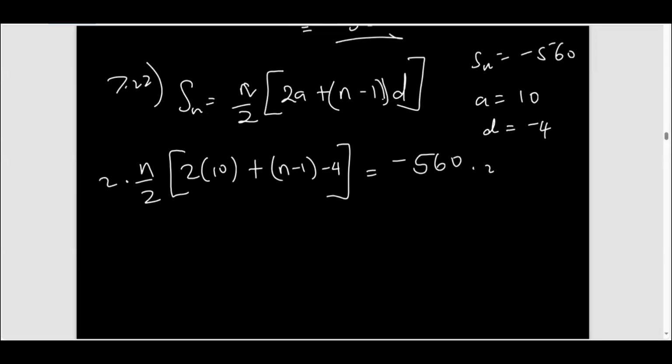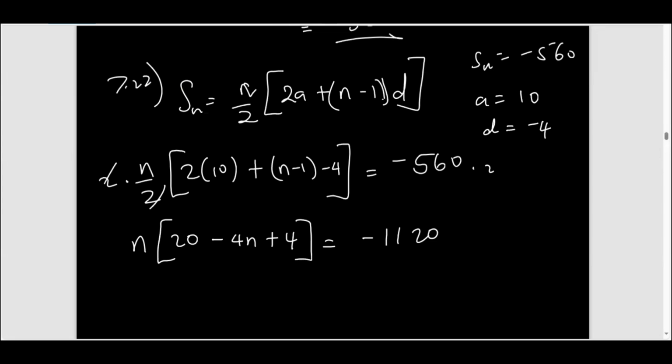So these two cancel. I'll have n into 20 minus 4n plus 4 is equivalent to negative 560 times 2, that's giving me negative 1120.